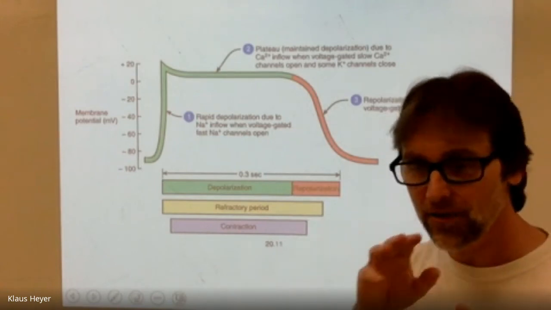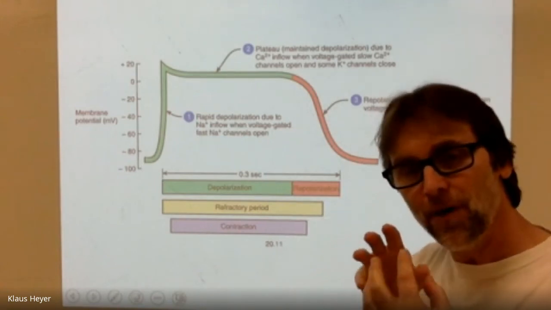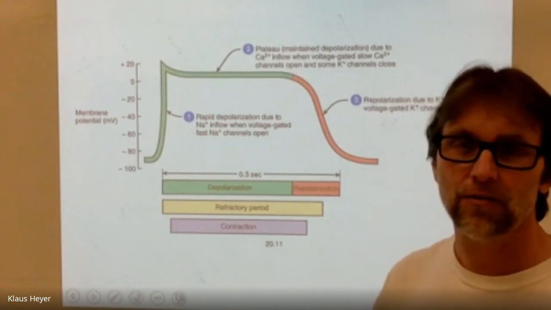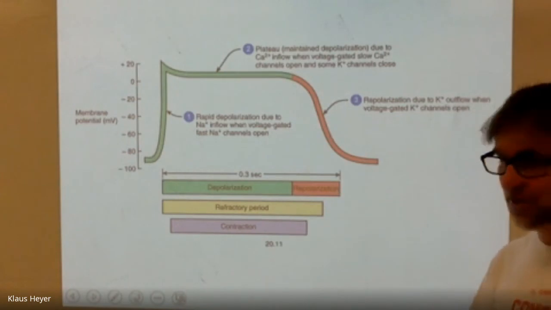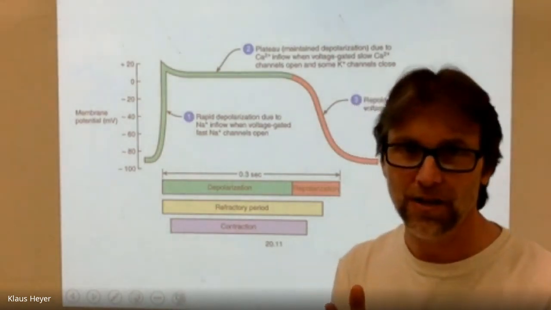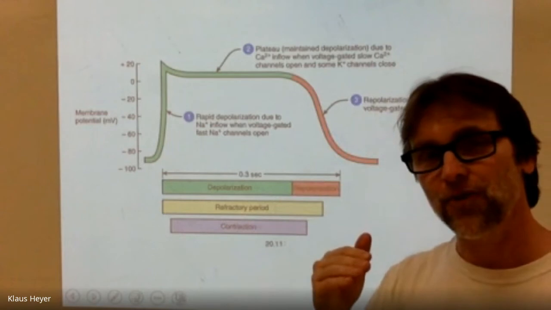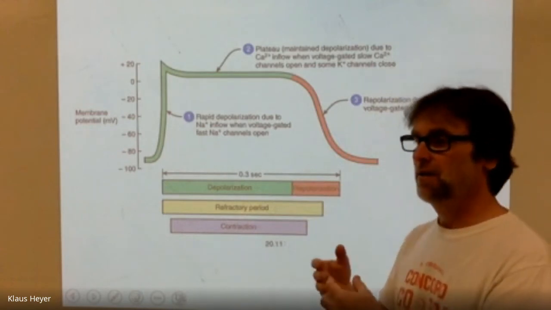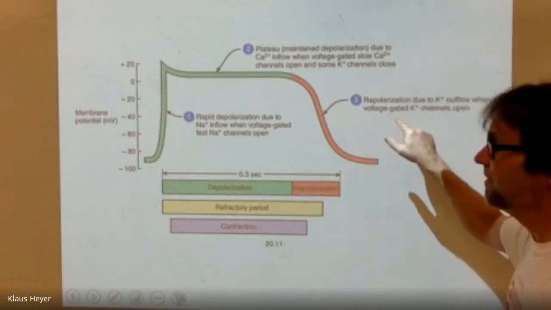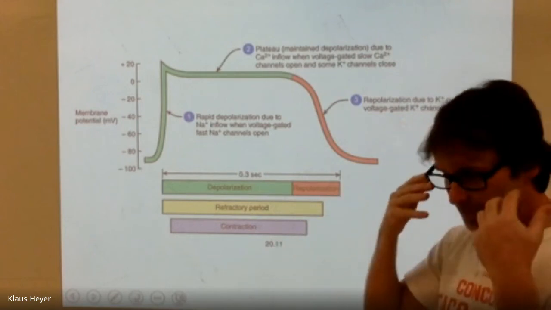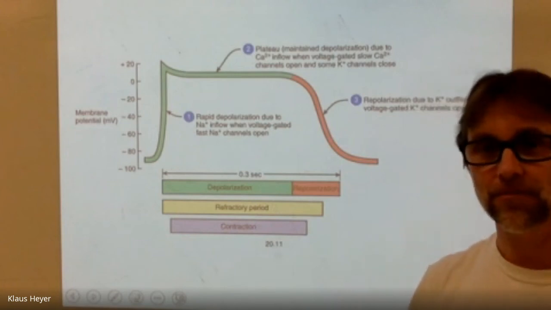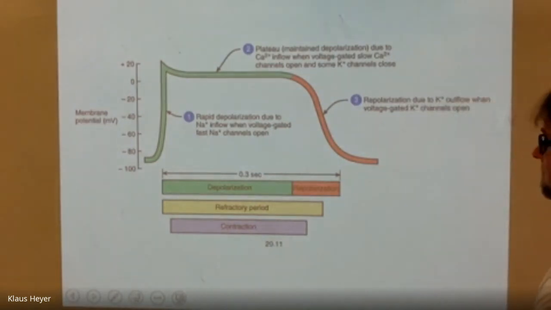They're working together to make that heart muscle contract and relax. And that happens with every heartbeat. Every time you heartbeat, all the sodium rushes in. The calcium trickles in. The potassium rushes out. And then the sodium and potassium swap places, and they start the whole process over again. 60, 70 times a minute, day after day.